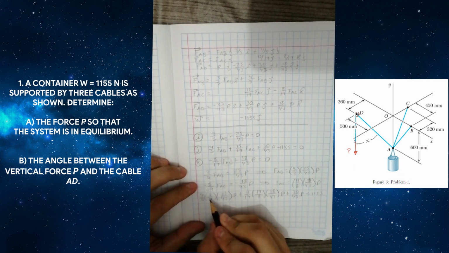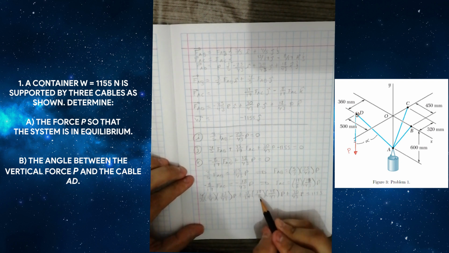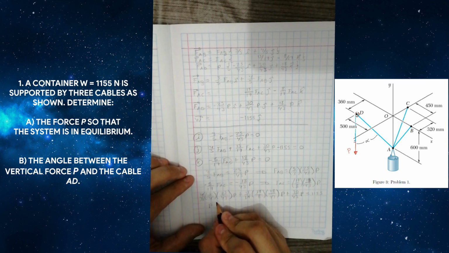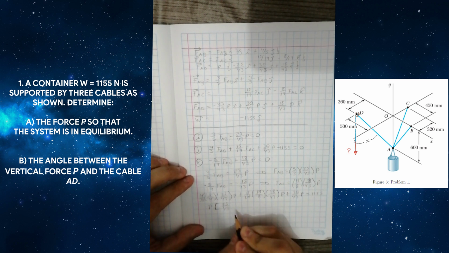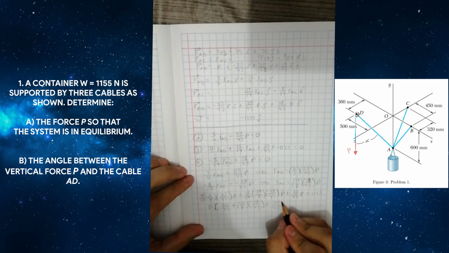So P times 25 over 43 plus 15 over 8 times 18 over 43 plus 30 over 43 equal to 1155.